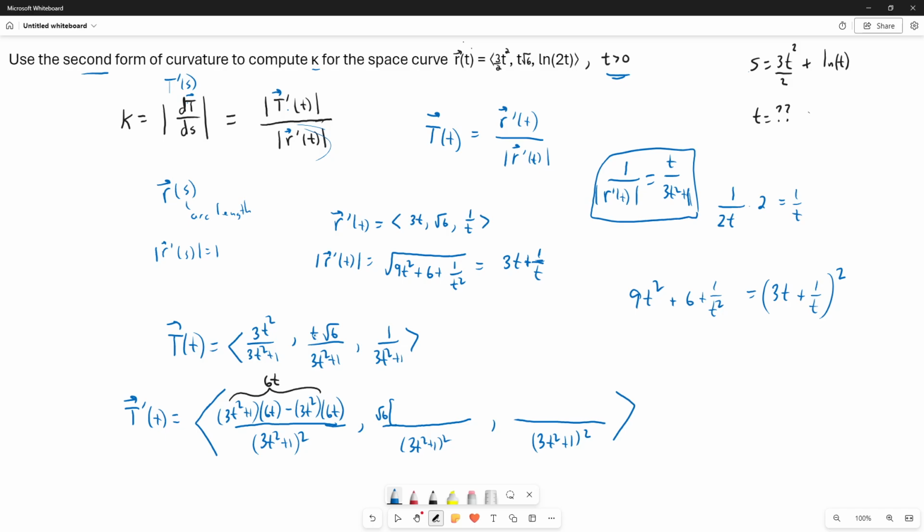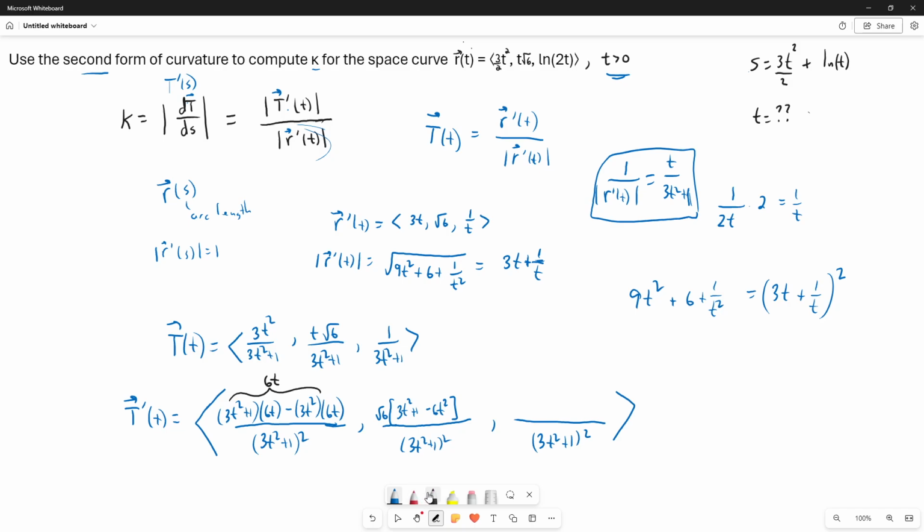And then the bottom times the derivative of the top is 3t squared plus 1 times 1, and then minus t times the derivative of the bottom, which is t times 6t, which is 6t squared.